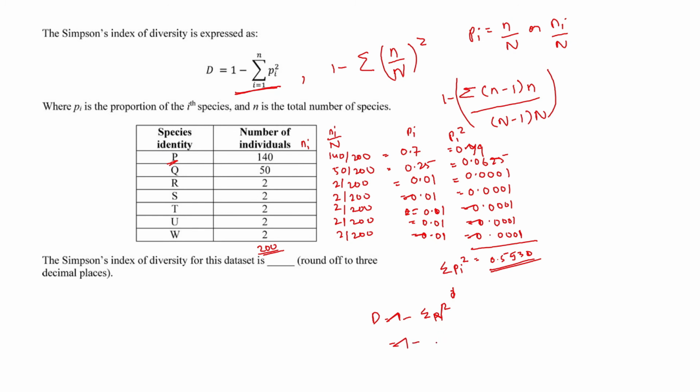So we'll get 0.553. If we round off to 3 decimals, what we'll get is 0.447. So this is the answer. Okay, so this is how we'll do it. We'll always count with respect to ni by n, we'll take out pi, we'll take out pi square, so it will be easier and directly taken out.